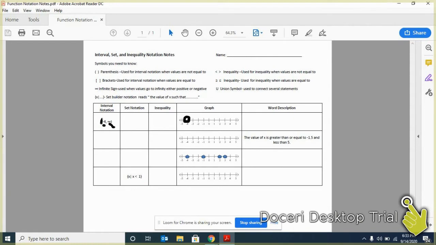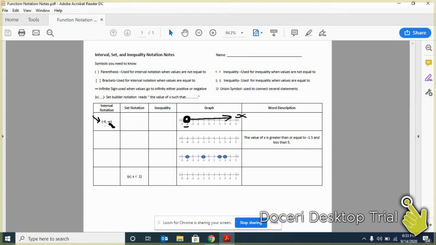And then we're going to talk about all values that are greater than -4 to infinity, infinity basically being a value somewhere out here. And the reason why it's an open circle is because we're using a parenthesis right here. If it was a bracket, then we'd be using a closed circle instead.